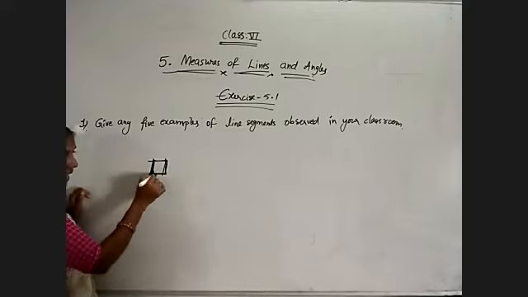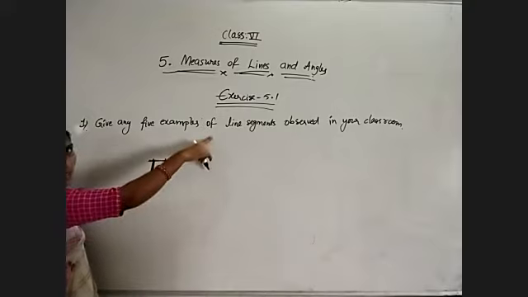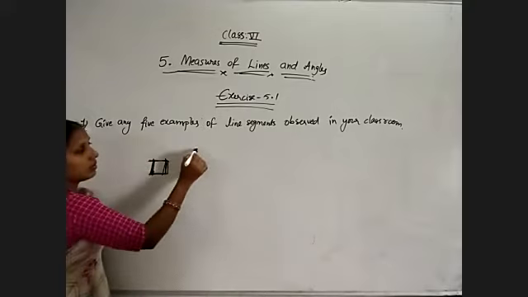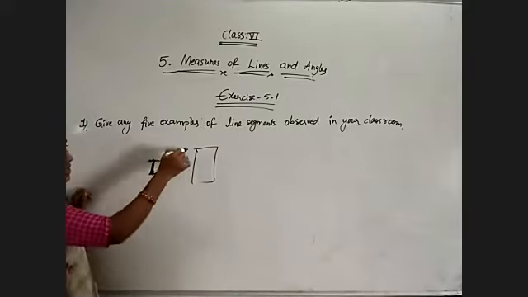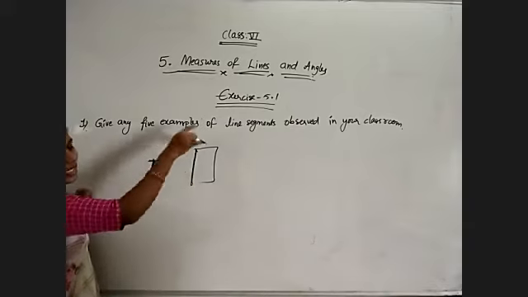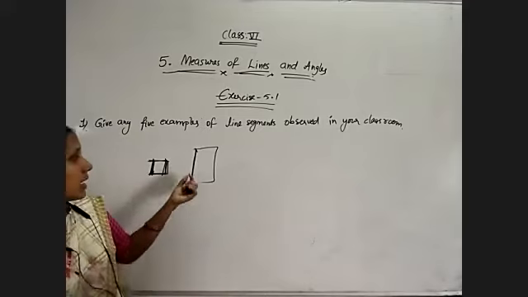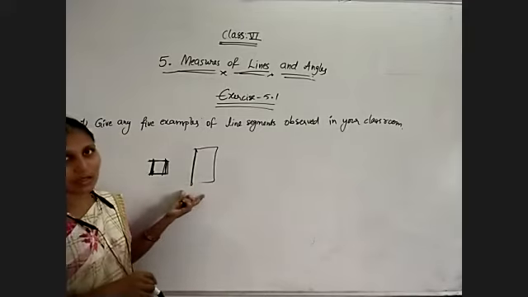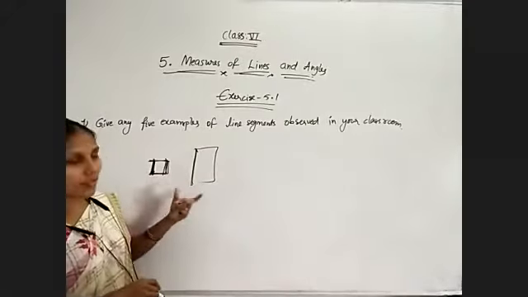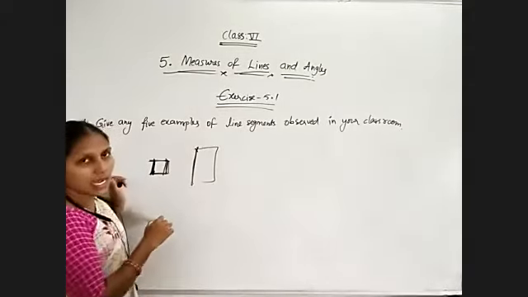The sides are referred to as line segments. For the eraser also, this one side is known as a line segment. Okay, a line segment is nothing but the edge of any figure. Edge of any figure is known as a line segment.